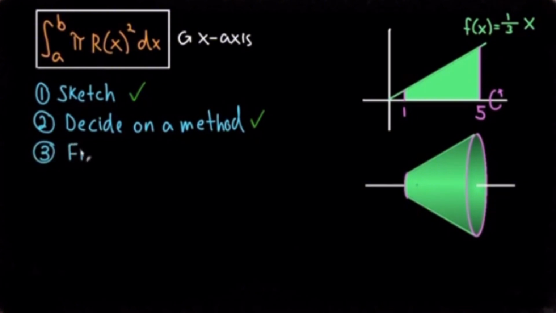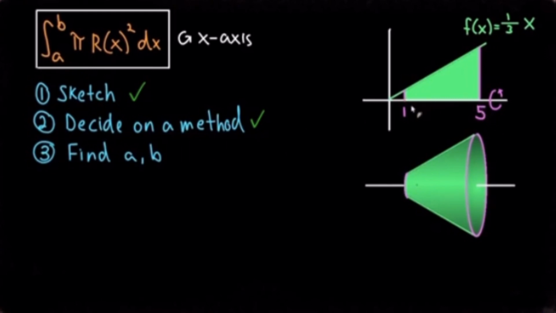Step 3 is to find a and b. If you notice in our formula, there are these bounds of integration, so we have to figure out what those are. In the disk method, those bounds of integration are the leftmost and rightmost points of the area that is trapped. In this case, that's also very easy.